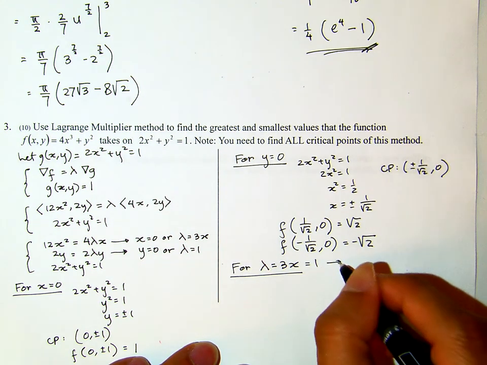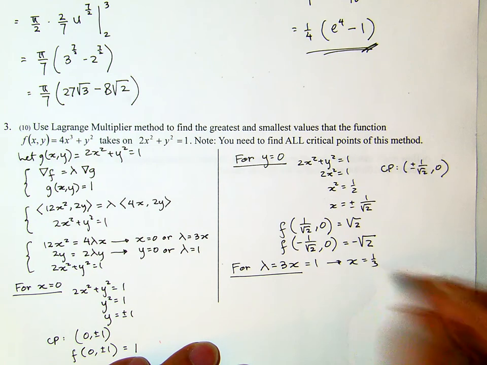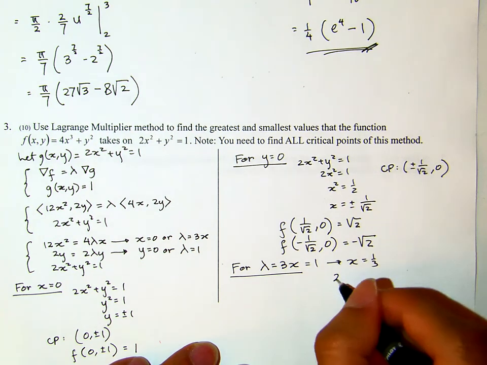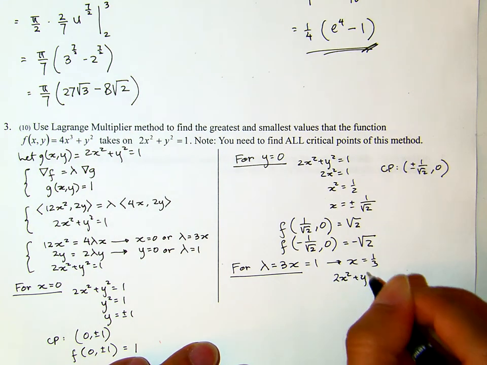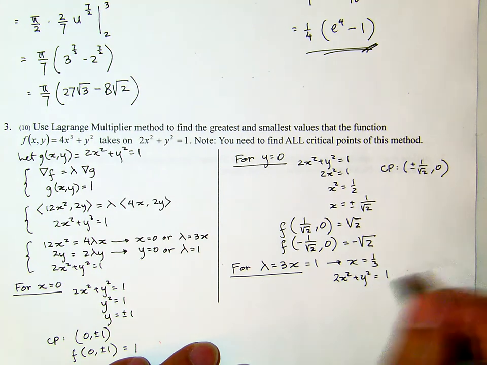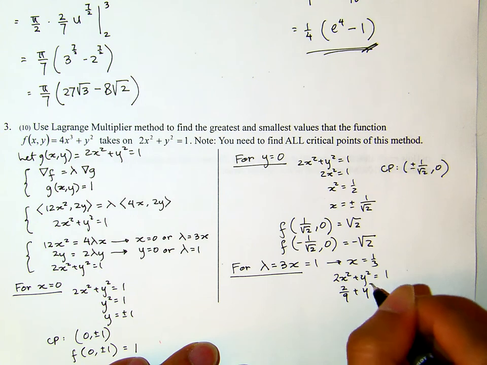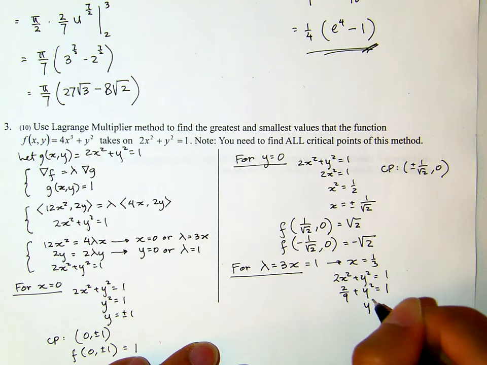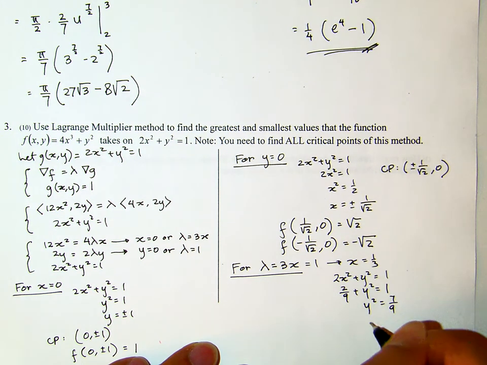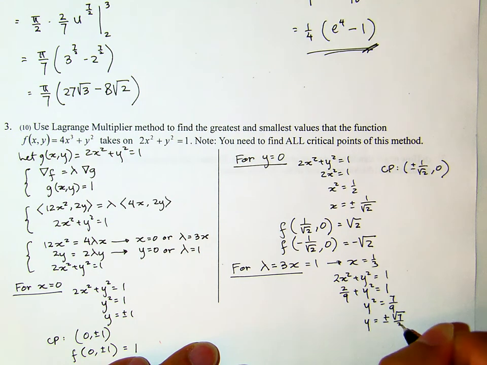It implies x equals 1/3. Now from here you put it in. This will be 2 over 9 plus y squared equals 1. So y squared equals 7 over 9, y equals plus or minus square root of 7 over 3.